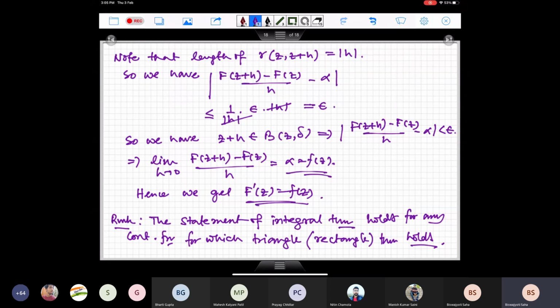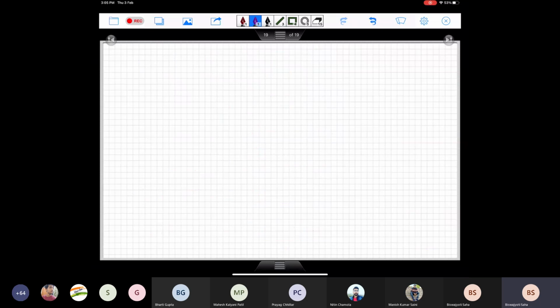Okay, so here I have two quick corollaries. The first corollary: let f be a holomorphic function on a ball.